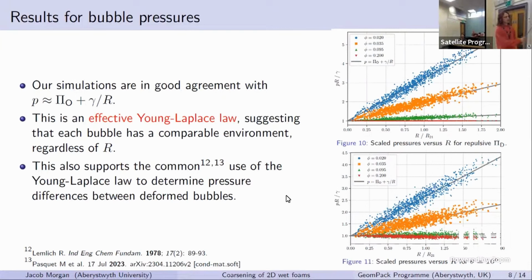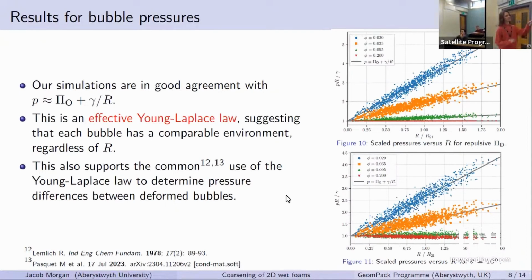I think so. The last point I want to make here is that it's been common, and I think it was mentioned in the last talk, when developing models of bubble growth rate to, as a first approximation, take the differences in pressure of a bubble and its neighbours as those given by the Young-Laplace law.